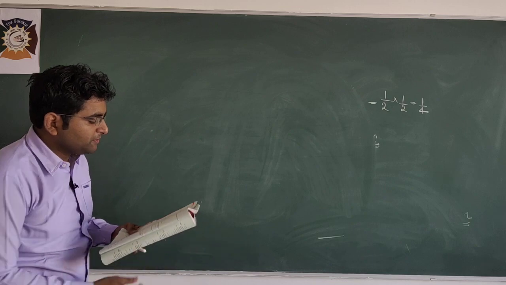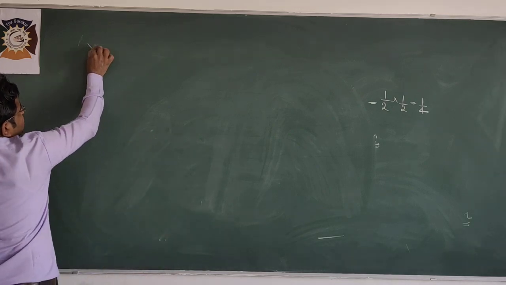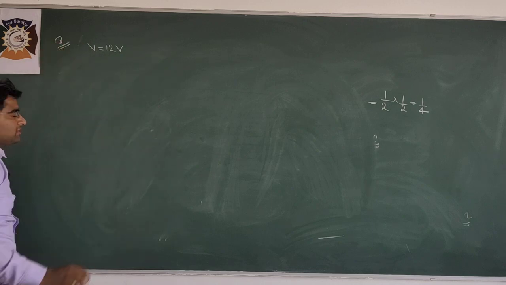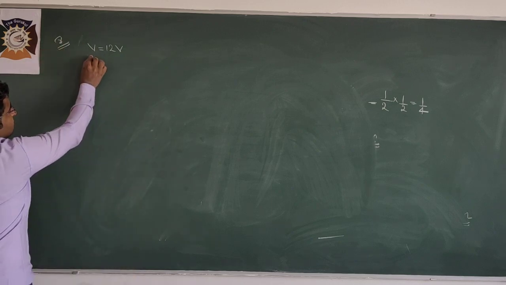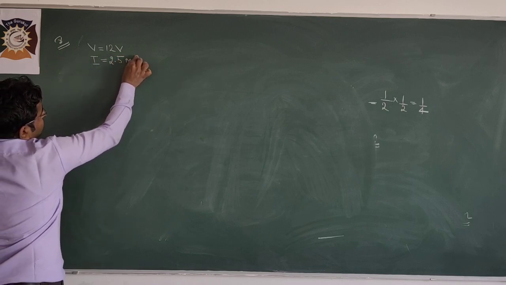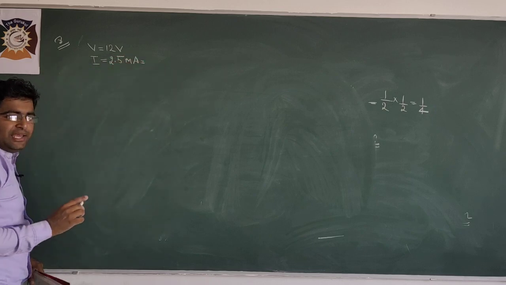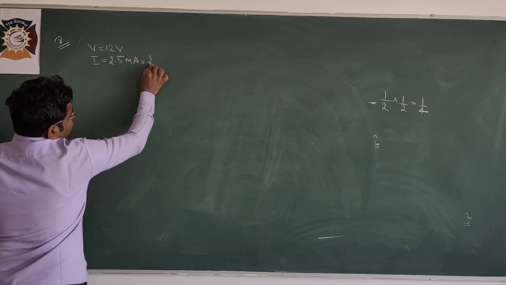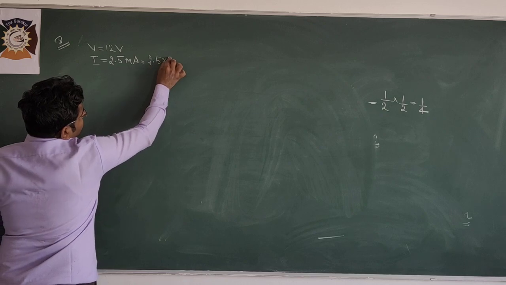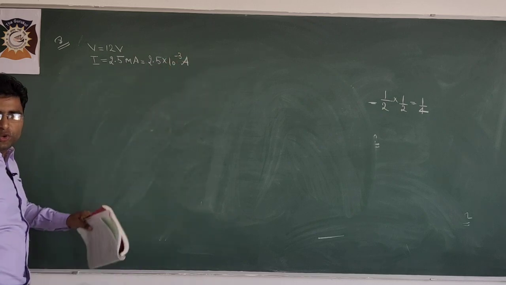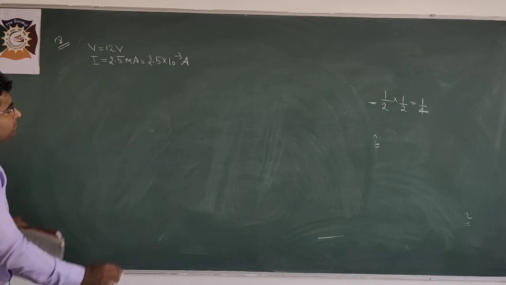Okay students, look, voltage is 12 volt, question number 8, current is 2.5 milliampere. Students, milli is equal to 10 raised to power minus 3, so we can write it as 2.5 into 10 raised to power minus 3 ampere. We have to calculate the resistance of the circuit.